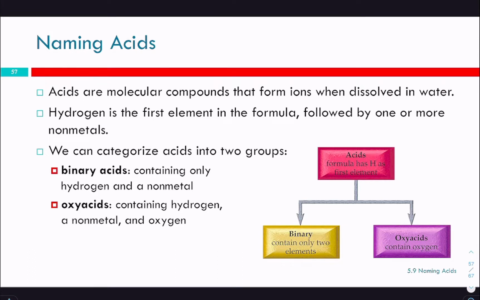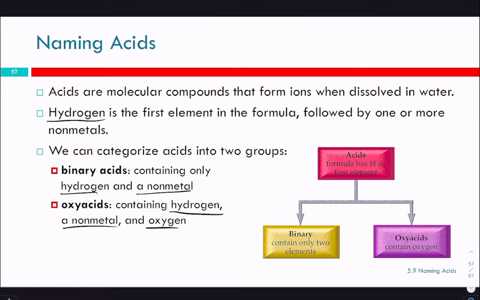Binary acids, which, as the name suggests, are formed of 2 different types of elements: hydrogen and a nonmetal. The oxyacids, as you might guess, are formed from the oxyanions and hydrogen, so it'll be hydrogen first, a nonmetal, and then oxygen. And for any of these acids, hydrogen is going to be the first element.